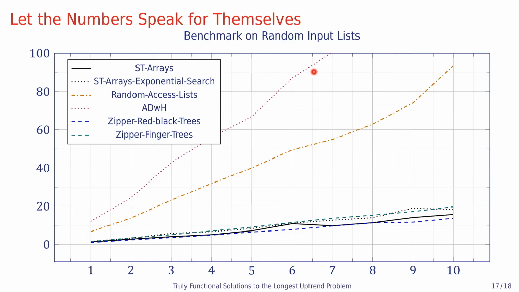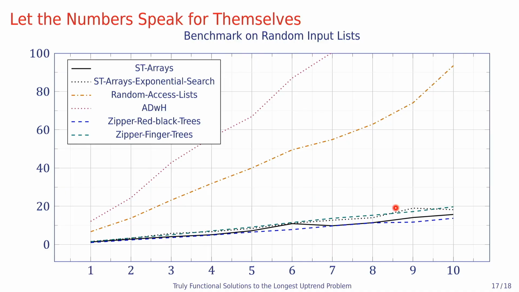Here's another standard solution from Algorithm Design with Haskell by Bird. In dotted black, you see the imperative solution using exponential search instead. In blue, you see the solution using red-black trees, and in green, the left spine view implementation.